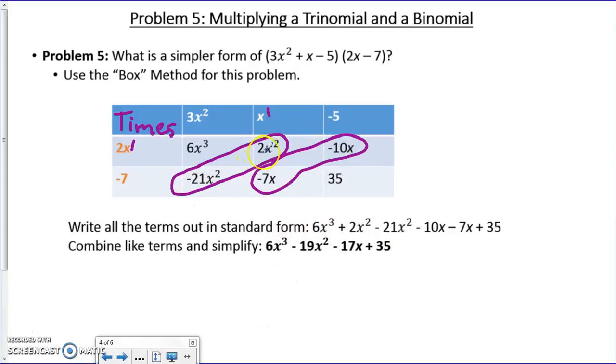Negative 21x squared and 2x squared, negative 19x squared, and negative 7x and negative 10x get you negative 17x. And you leave 6x cubed and 35 alone because they didn't have like terms to be combined with. Okay? So using the box method is just a little bit neater and more organized to help you out, and definitely to help you realize if you have like terms or not.